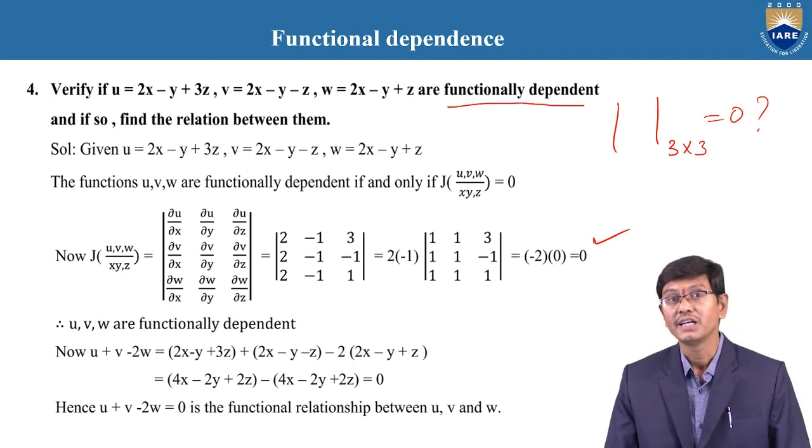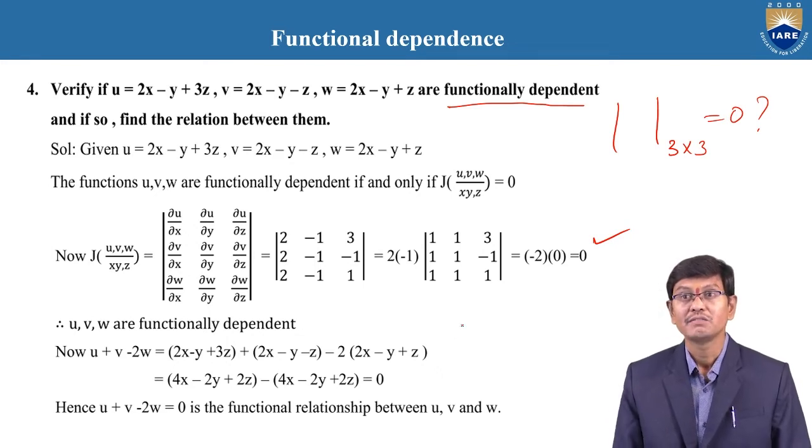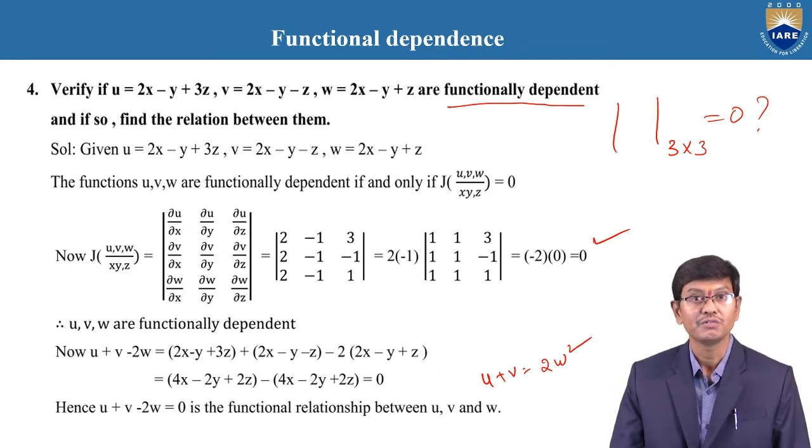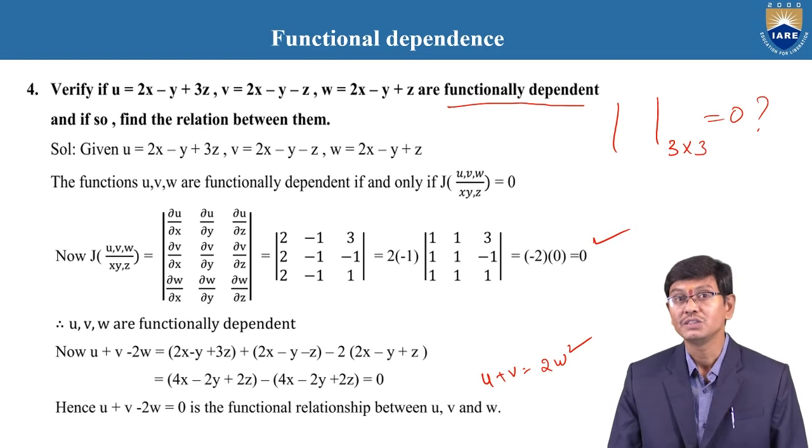Hence the relation between the dependent variables is u plus v minus 2w is equal to 0. Otherwise, we can write it as u plus v is equal to 2w.